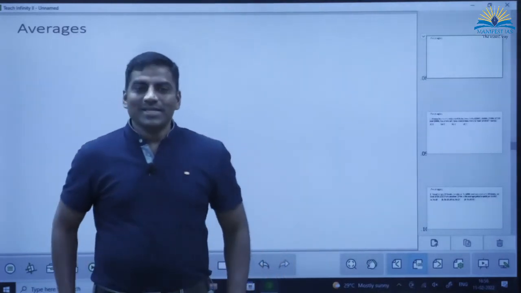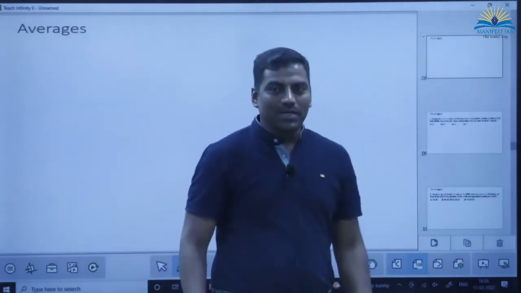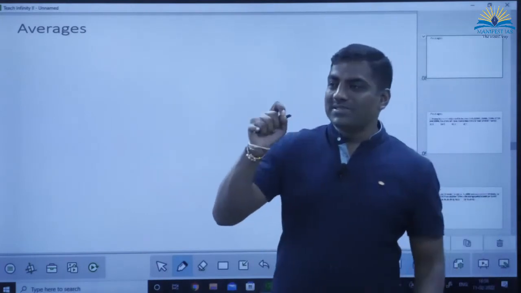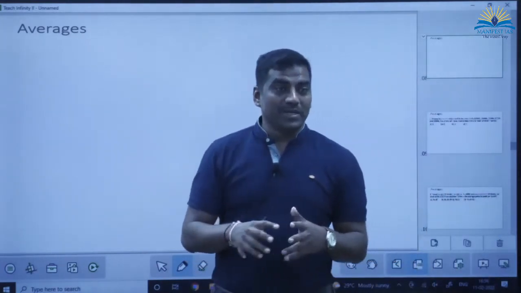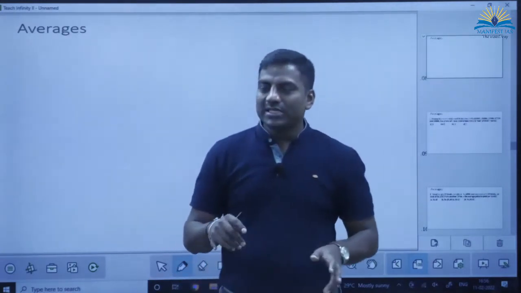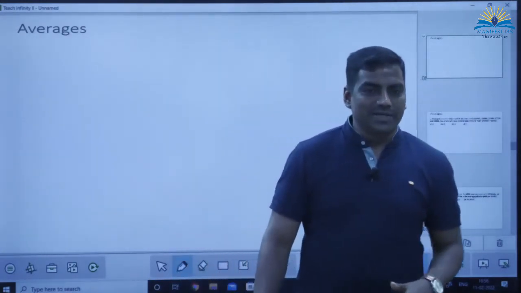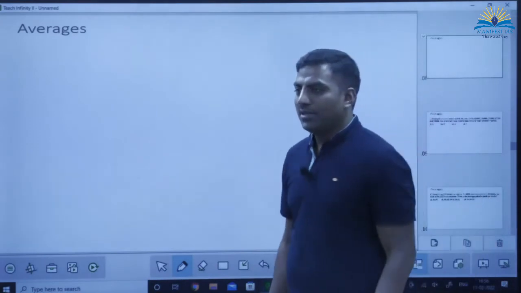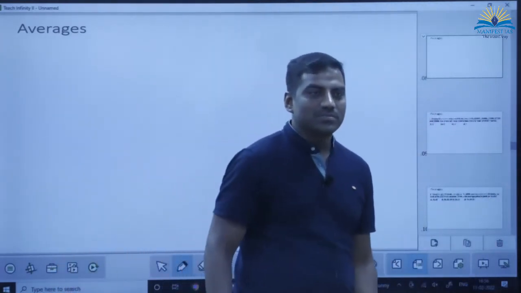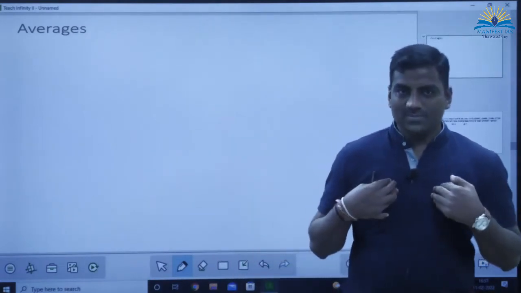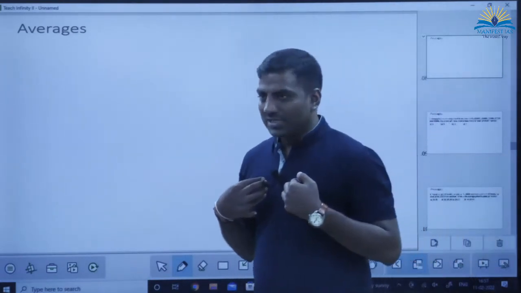moderate. See, average is nothing but the most representing value of the group. For example, we elect people's representatives, elected representatives. They are representatives of whom? Us only, right?